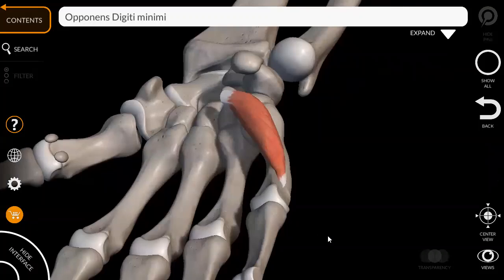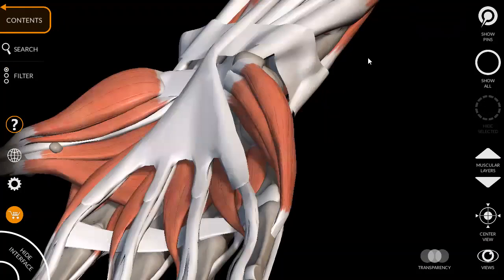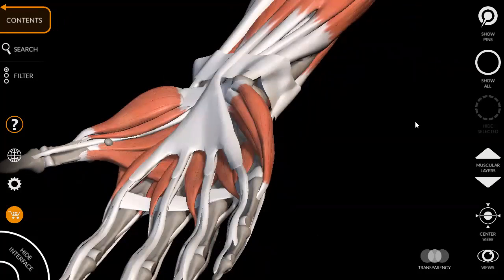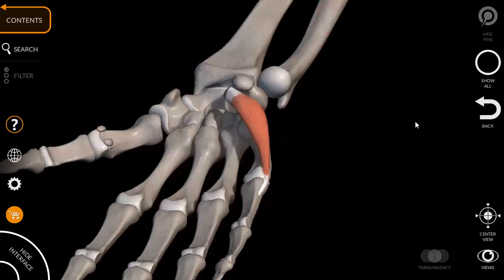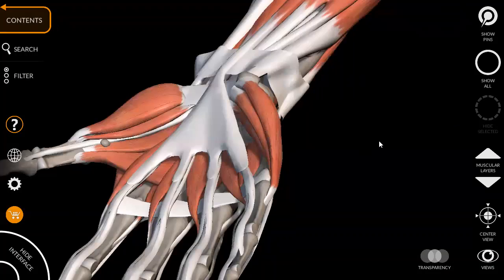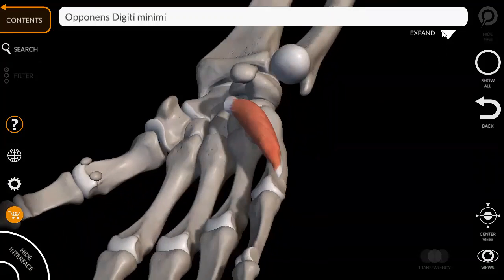It moves in a different way, and you might see it inserts in a different place. This one's similar, but that one moves in a different way.